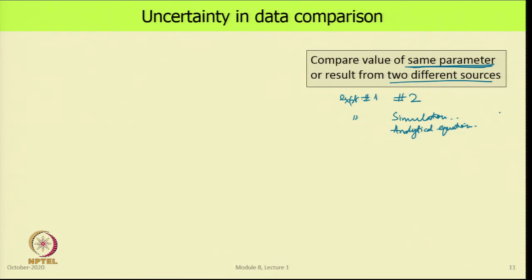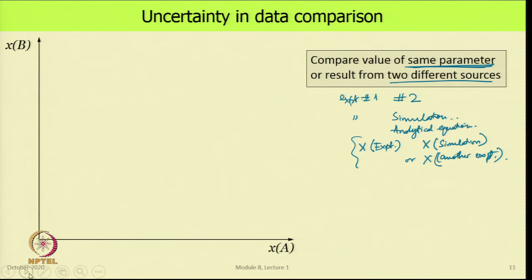So, here we are not comparing two parameters. What we are saying is I have one parameter which is x, but that came from an experiment, and I am comparing with x, but that came from a simulation, or that x came from another experiment. So, how do we show these?